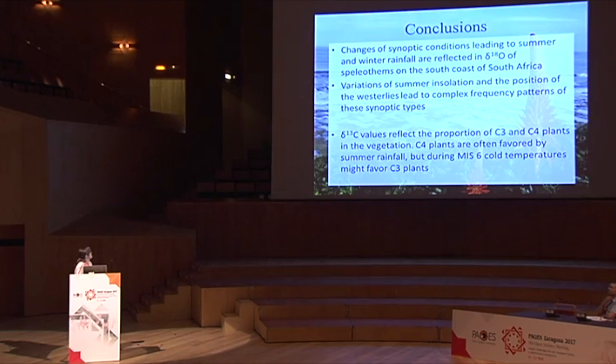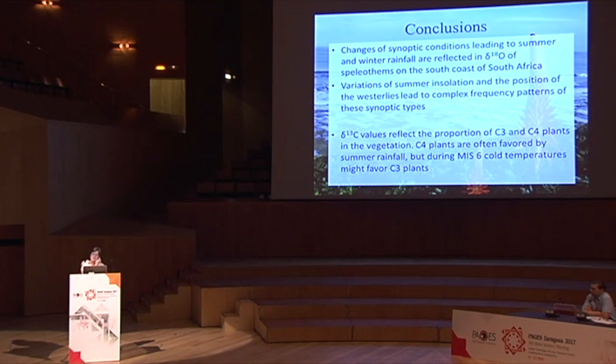So these are the conclusions. I think that the delta 18O of rainfall on the south coast is related to changes in the synoptic conditions, and that's what we see in the speleothem records. The variations in summer insolation and the position of the westerlies lead to changes in the frequencies at which we get specific synoptic conditions, and these are also reflected in the speleothems.